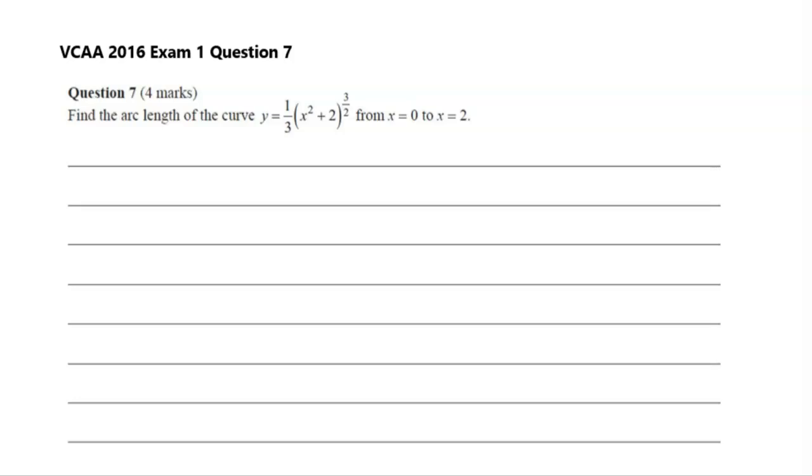Now, in order to apply this formula, we're going to have to know what dy dx is. So to do that, we're going to have to use a little bit of the chain rule. So let's let u be what's inside of that bracket, x squared plus 2, meaning du dx is just going to be nicely 2x. Then that means that y would be equal to 1 over 3 u to the power of 3 over 2.